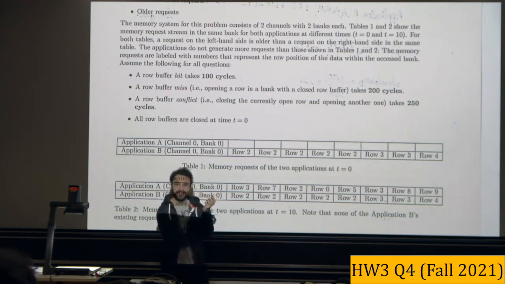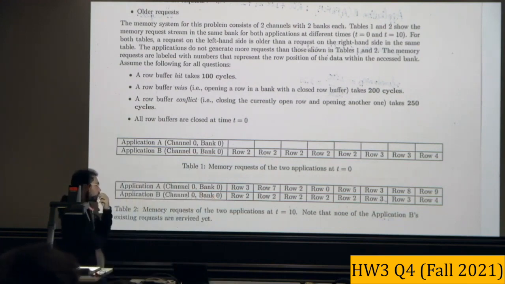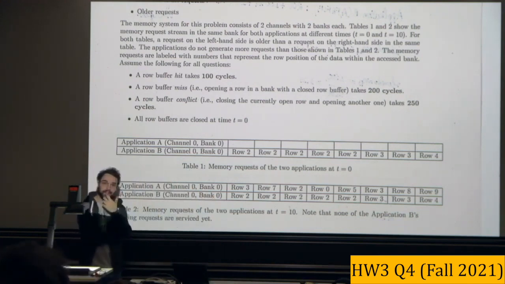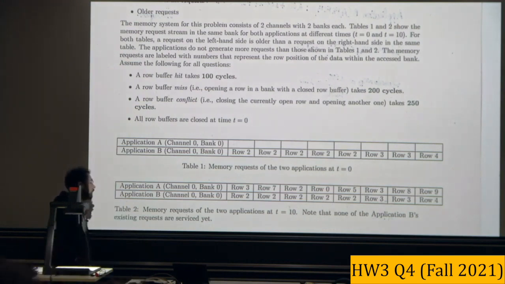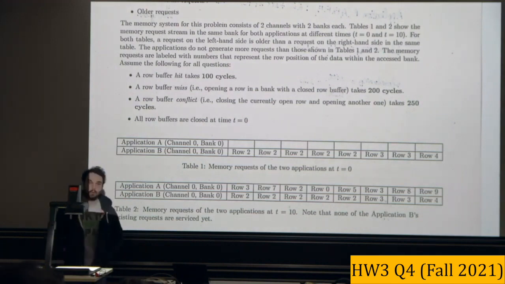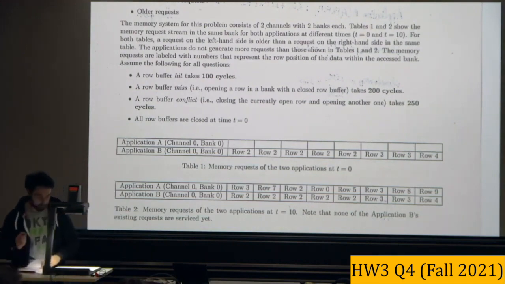It's correct, right? Yeah. That's true. I think I agree with you. Yes, because we can service row 2, right? So it's the same thing essentially. Yes, I think that the slowdown will be the same. You're right. Good catch.